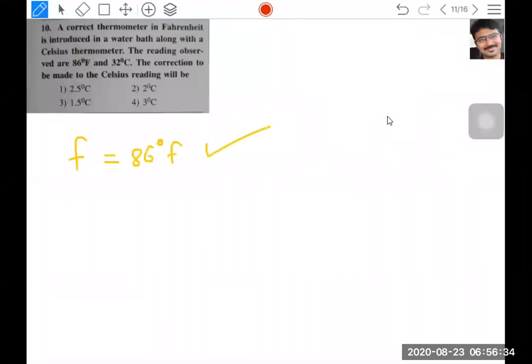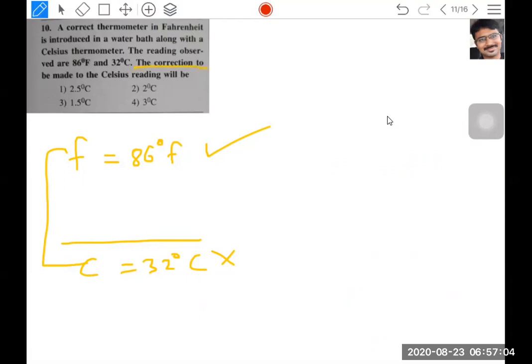The Fahrenheit thermometer reading is correct, which means the centigrade value they have given is wrong. 32 degrees centigrade is the wrong value, because they told us the Fahrenheit thermometer is correct.